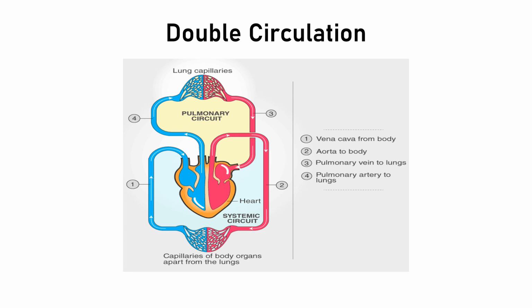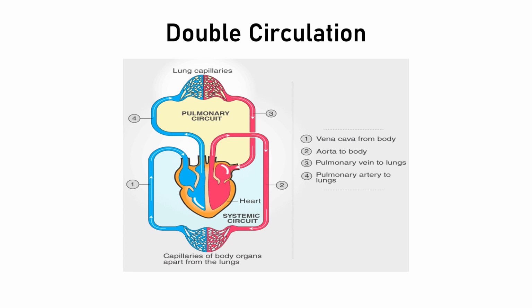Here the oxygen is given to cells, and then there is an exchange of oxygen and nutrients, and then carbon dioxide and waste products remain, which are collected by the smallest vein. What is the name of the smallest vein? Venule, right? And these veins join together and they form a big vein, right?